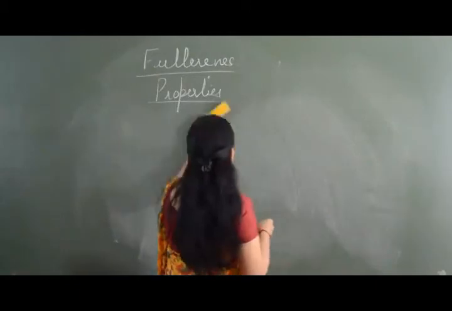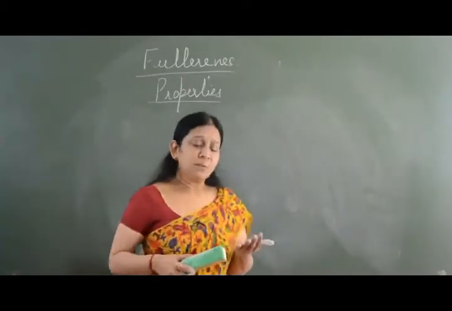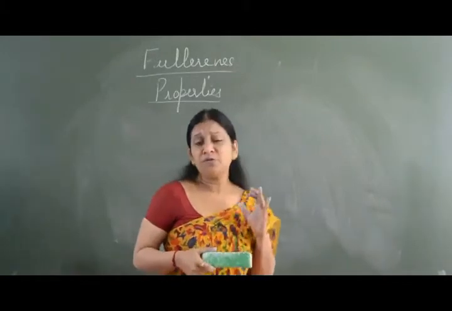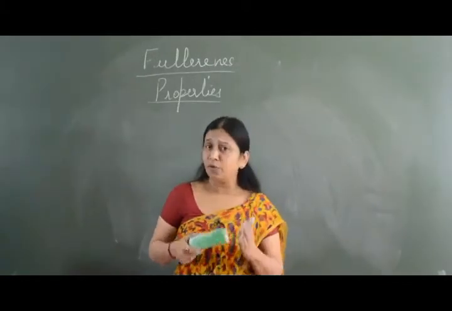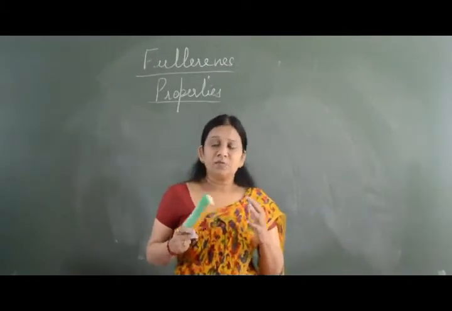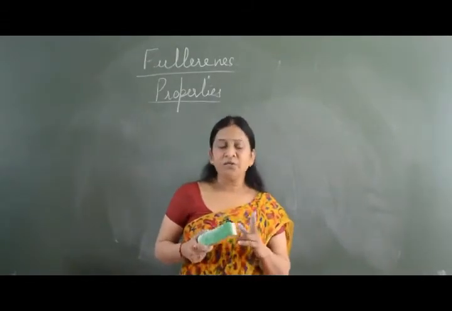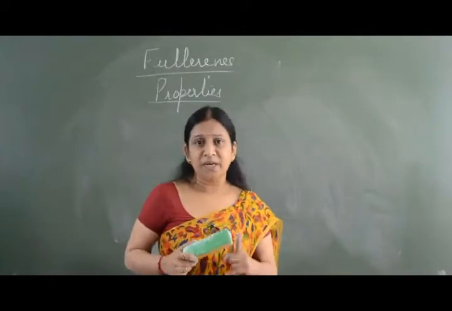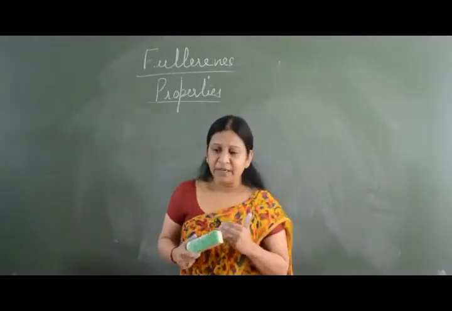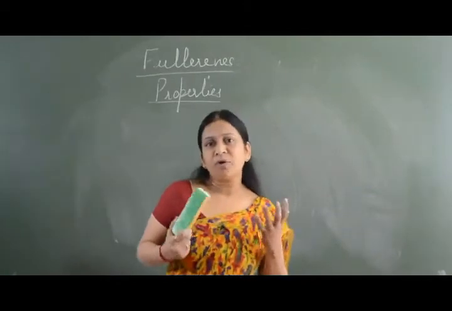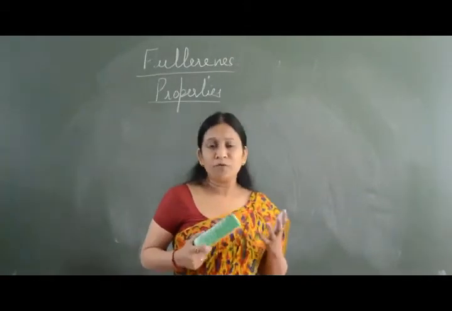If I talk about fullerenes, they are Archimedean solids. By Archimedean solid I mean that it is made up of more than one polygon. In fullerenes, the polygons present are hexagons and pentagons. Fullerene is a polymeric allotrope of carbon, or a polymorph of carbon.